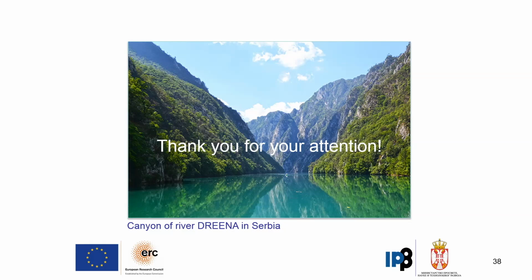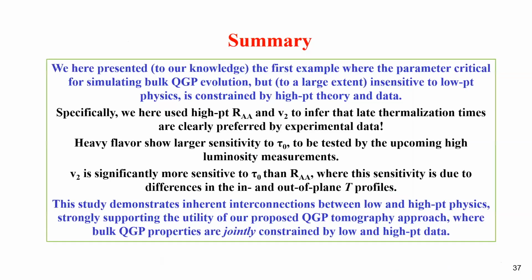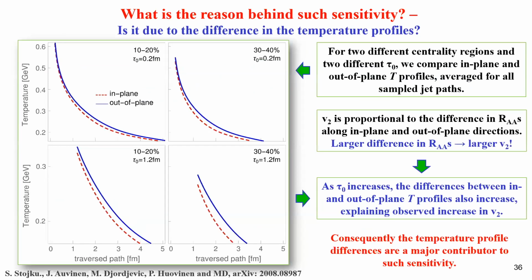I'll ask one if people are still thinking. So, yeah, the last part is really cool. I'm still trying to wrap my head around it. If you have a very early thermalization time, then the temperature that the jet starts seeing is different than if you have a late thermalization time, right?